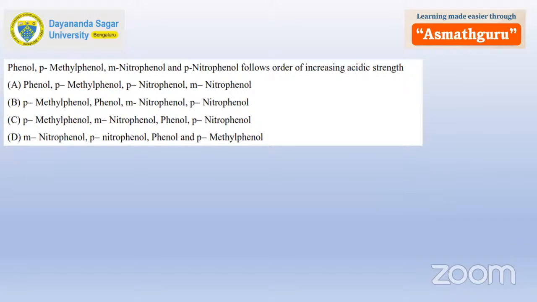Phenol, paramethyl phenol, metanitrophenol, paranitrophenol: follow the order of increasing acidic strength as what will be the option? You have to write the structure. So one is phenol.